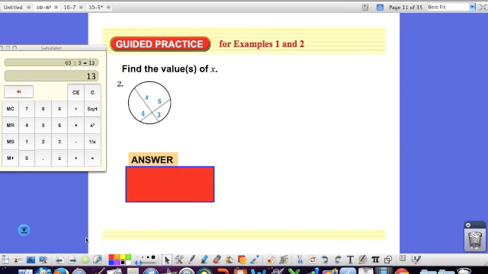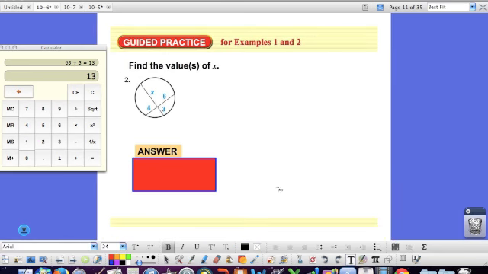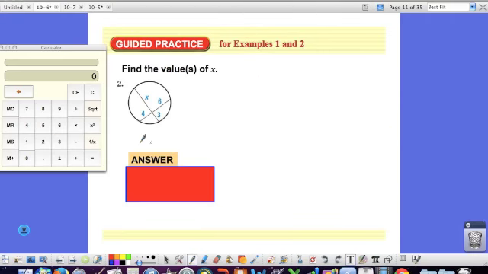And the next problem, this is not outside, this is inside. And I'm going to have to type because my slate just stopped working. Not good. So in this one, the chords, they're not secants, they're chords, intersect inside the circle.